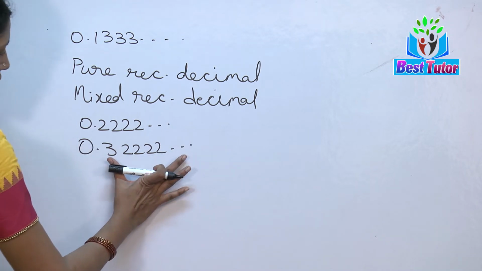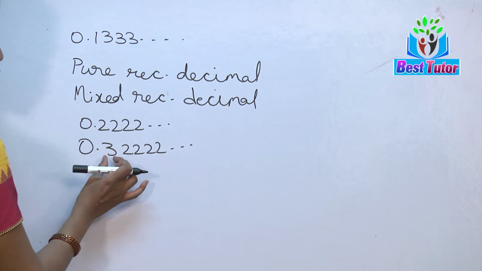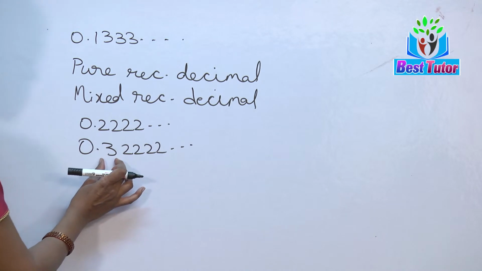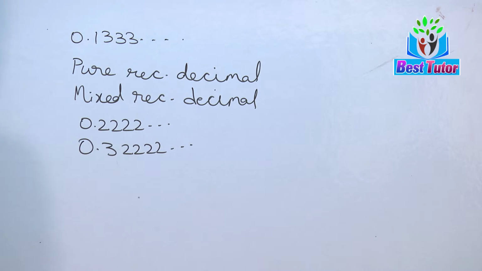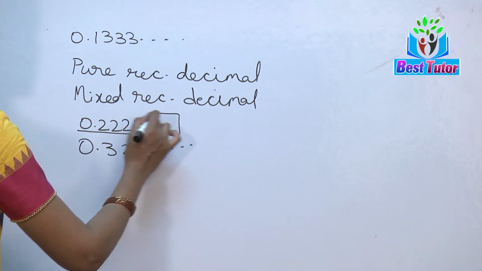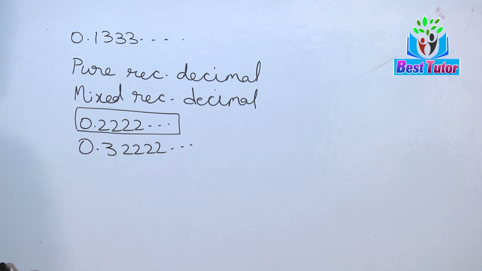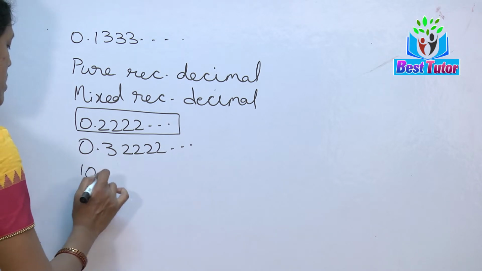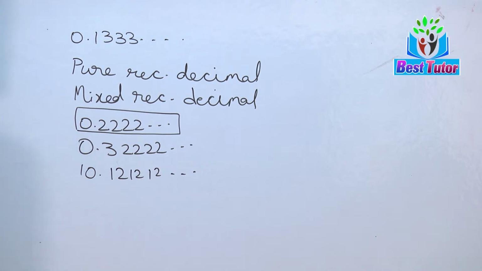Here in the decimal part, along with the repeating digits, there is one digit which is not repeating. Such a recurring decimal is called a mixed recurring decimal. If we consider this recurring decimal, the entire decimal part consists of only those decimals which are being repeated continuously. You can have it as 10.121212 as well. Such a decimal is called a pure recurring decimal.